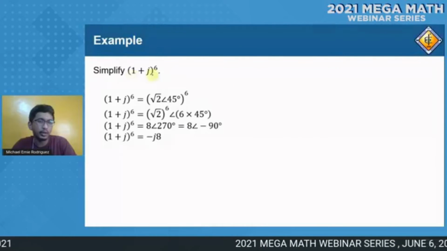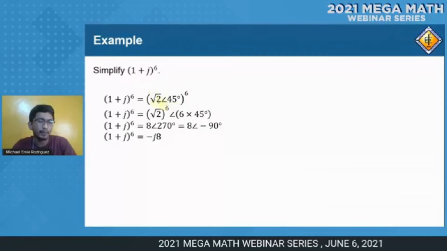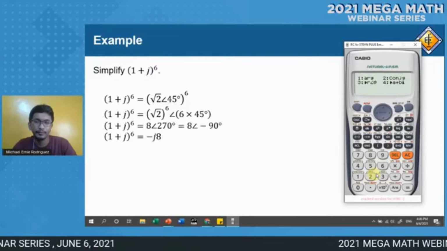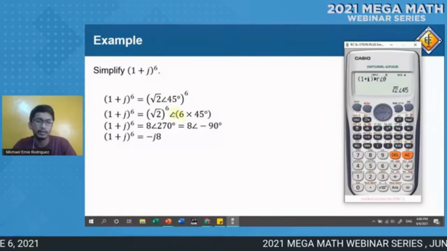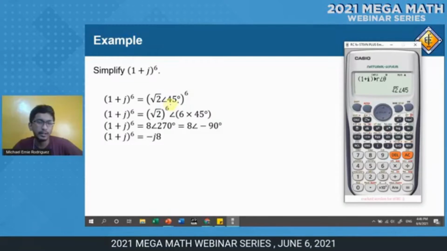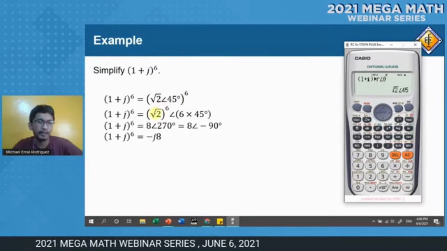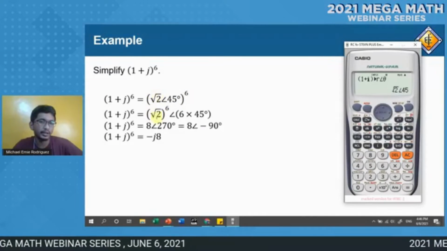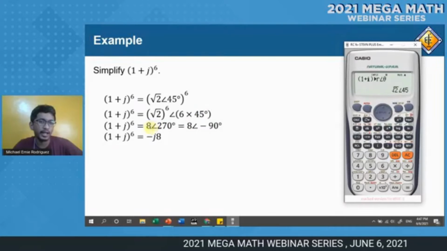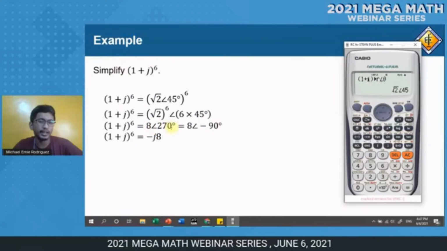So yung 1 plus j, convert natin to polar form. Ayan siya. So we have square root of 2 bar angle 45 degrees raised to 6. And then we have your r, so square root of 2 raised to 6 bar angle 6 times 45 degrees. So we have 8 bar angle 270 degrees.